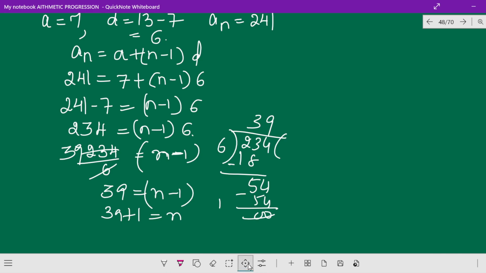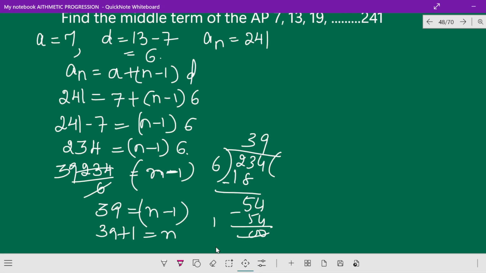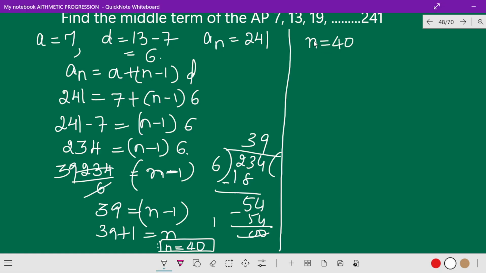Let us keep the question here. Okay, so N is equal to 40. Now N is 40, which means it is an even number. When we get an even number, the middle term will be, so N is 40, an even number.